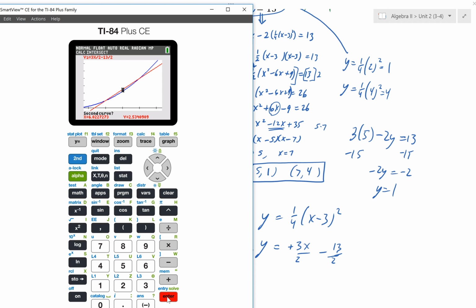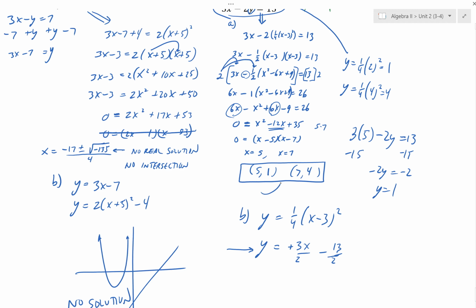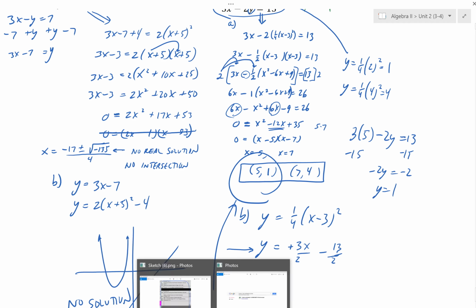Yes, I'm on the red line, so I press enter. And then guess means try to move the cursor close to the intersection that you're trying to find. So I'm trying to find this intersection right down here. And so when I press enter, it says that that point is at x equals 5, y equals 1. And notice that is exactly what we got over here when we did it algebraically. We got x equals 5, y equals 1.